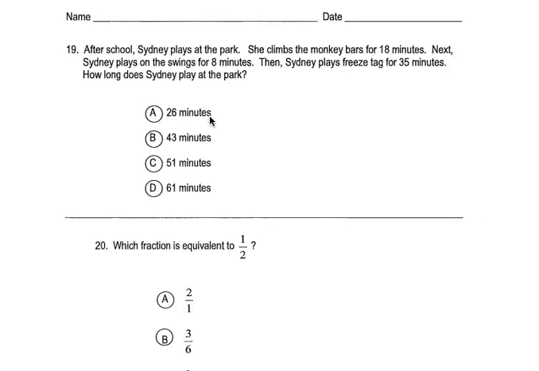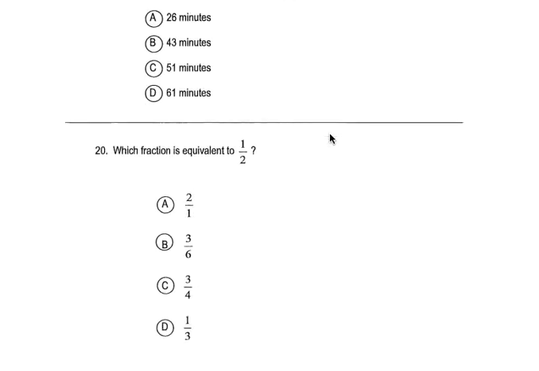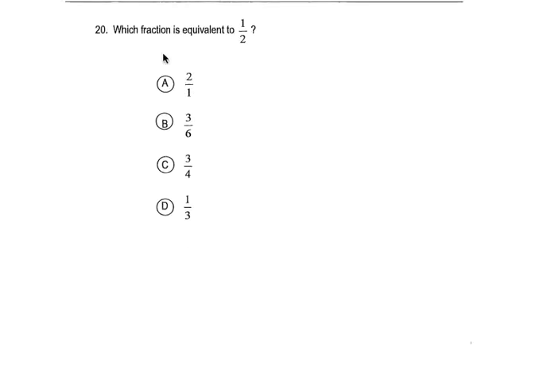A, 26 minutes. B, 43 minutes. C, 51 minutes. D, 61 minutes. How long does Sydney play at the park? Number 20.